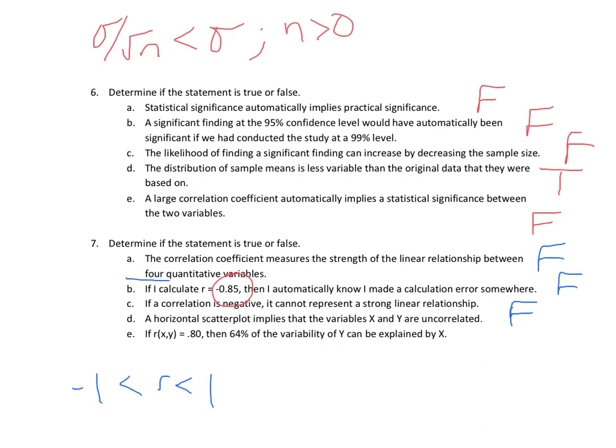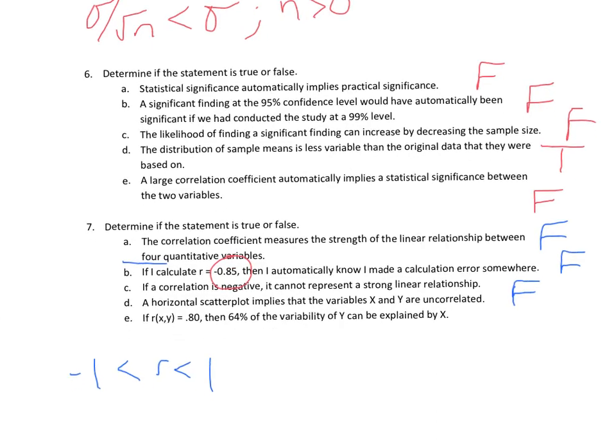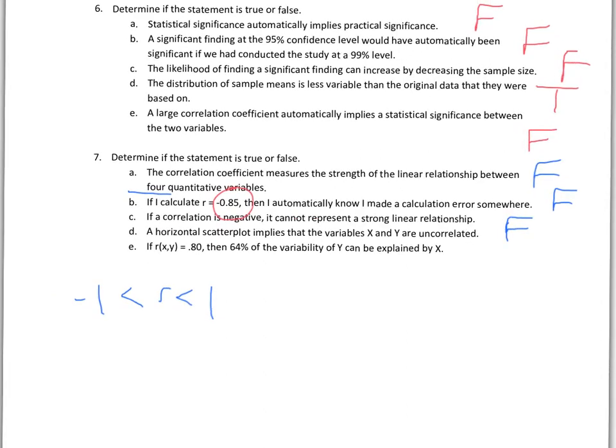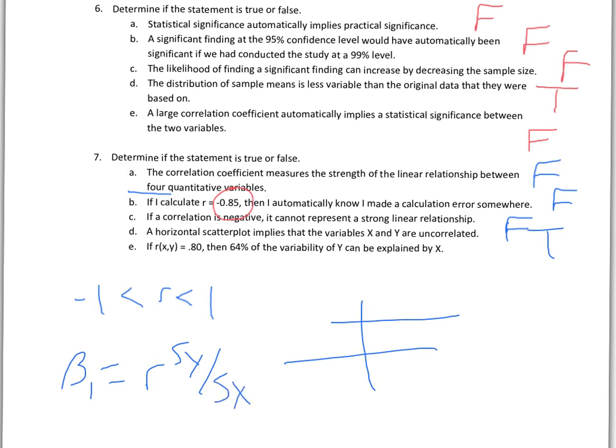D. A horizontal scatter plot implies the variables x and y are uncorrelated. Now this is in fact a true statement, and here's why. If you think about a graph, the graph has a slope of beta 1, and we said beta 1 is r s_y over s_x. Now, s_y and s_x are positive numbers because they represent the standard deviations of the y and the x variable.